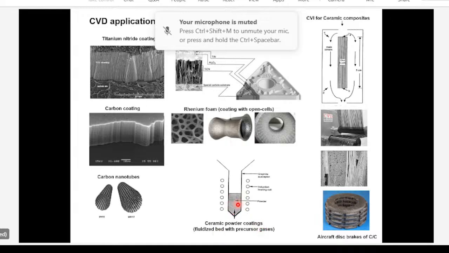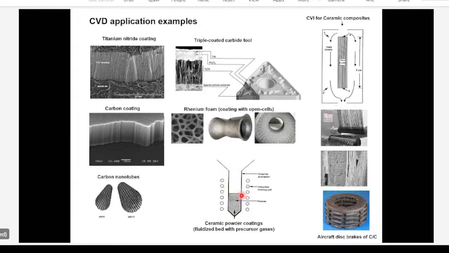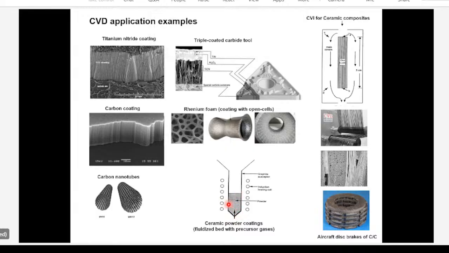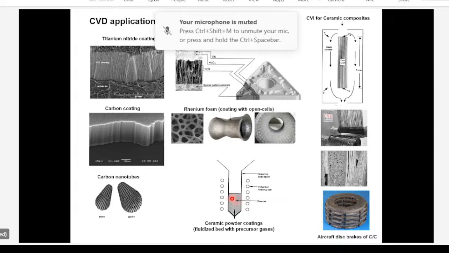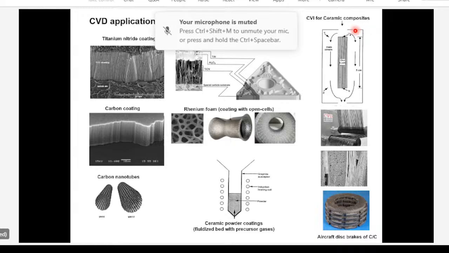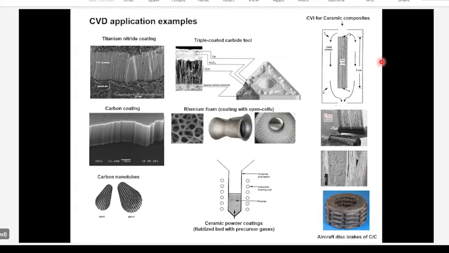In this case, you have a heater around this tube, and you put the powders to be coated in this chamber. You turn on the heat and blow the reacting gases from the bottom up. So this becomes like a fluidized bed, and the gases react with one another and deposit the coatings on the powders. Or CVD can be used to make ceramic composites, things like carbon-carbon composites.